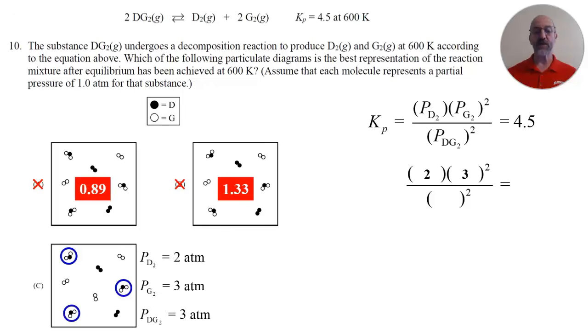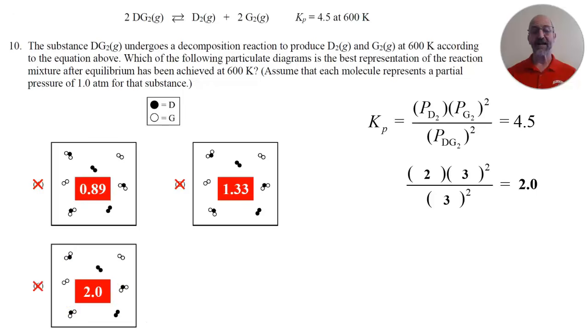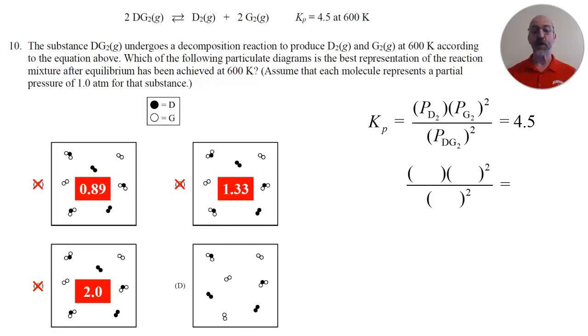That's a partial pressure of 3 atmospheres, and that goes into the denominator of the expression. Well, when I do that math of 2 times 3 squared divided by 3 squared, I get 2, which means that not only can I eliminate choice C, but I now know by process of elimination that choice D will be the correct answer. Let's go ahead and verify that the numbers will work out to give us 4.5.